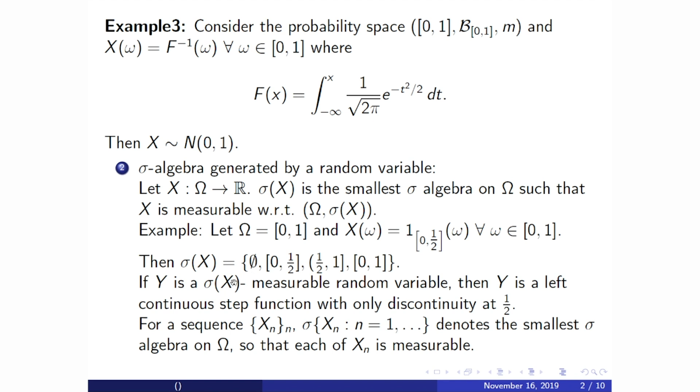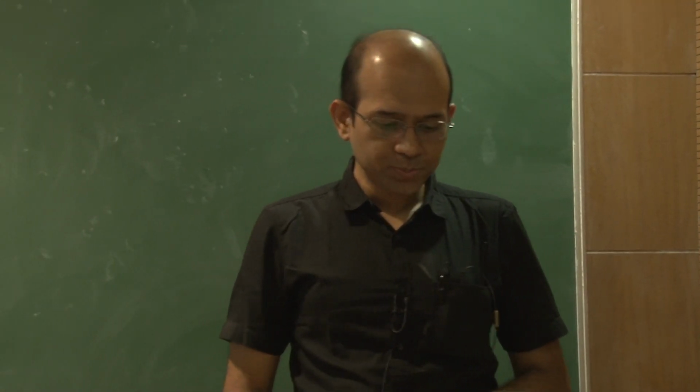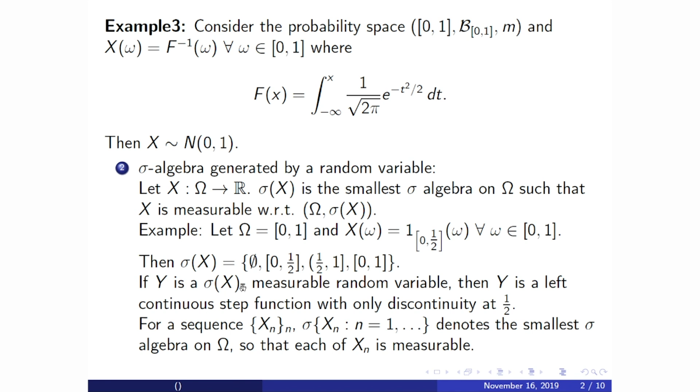Next, we also recall that if Y is a random variable which is measurable with respect to sigma X, then Y is constant on these intervals [0,1/2] and (1/2,1].